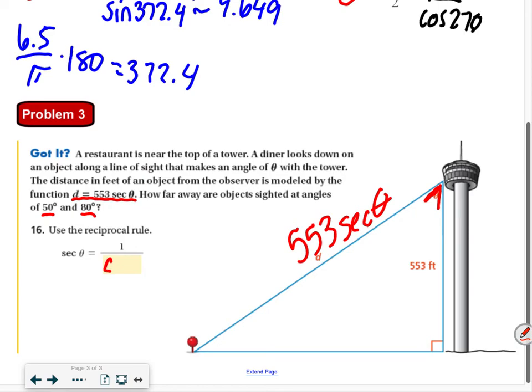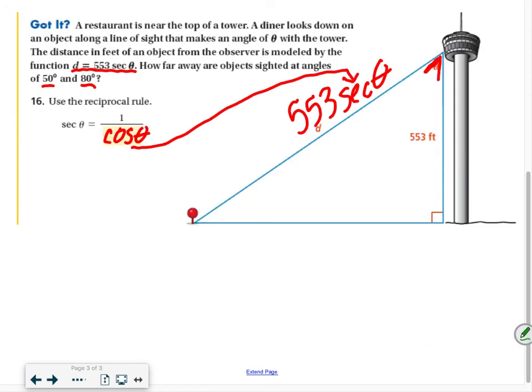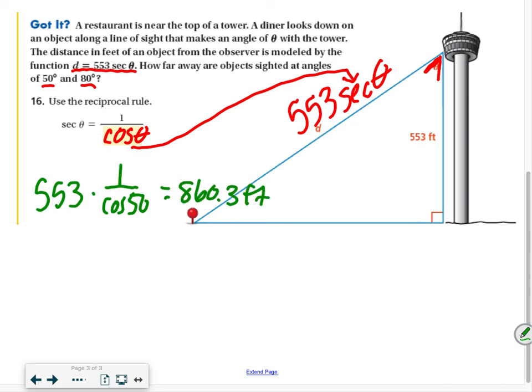Reciprocal rule, just what is paired with secant. Secant is opposite cosine. So all I'm doing is taking my 1 over cosine, plugging it in for secant of my angles, both 50 and 80. So the first one, I'm going to take 553 times 1 over the cosine of 50, which is 860.3 feet.